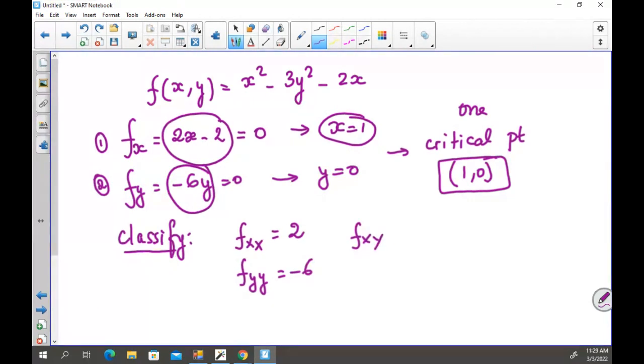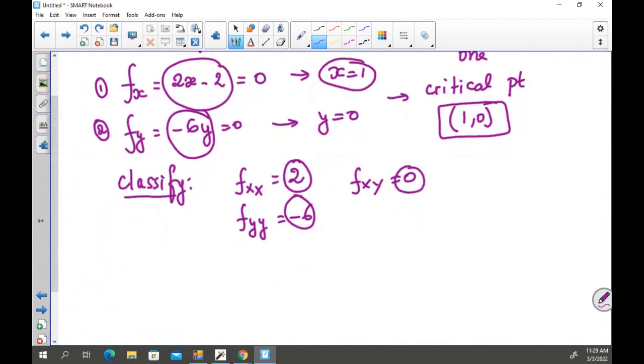And fxy is 0. You can go to fx and differentiate it with respect to y, or you can go to fy and differentiate it with respect to x. So you will see that you get these numbers.